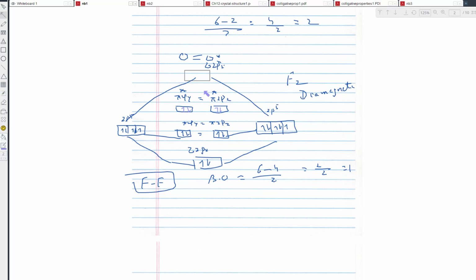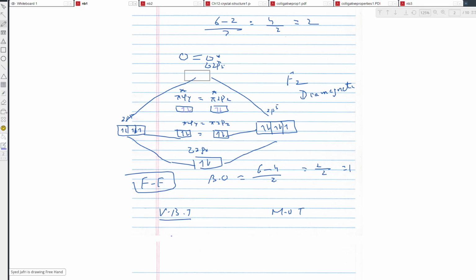If I was filling up these 10, it would be 1, 2, 3, 4, 5, 6, 7, 8, 9, 10. In bonding we have two theories: valence bond theory and molecular orbital theory.